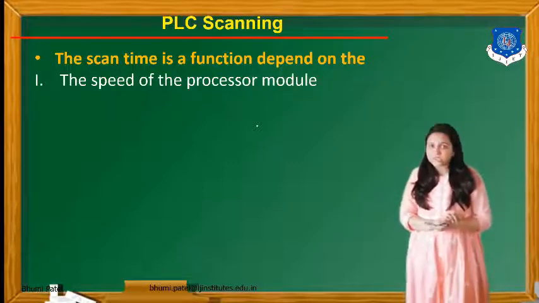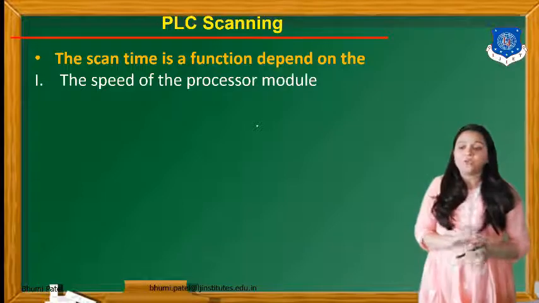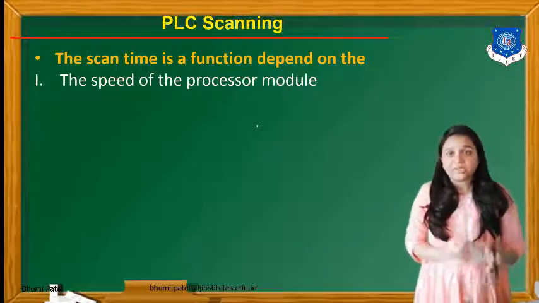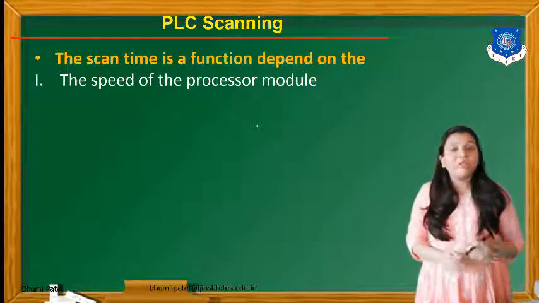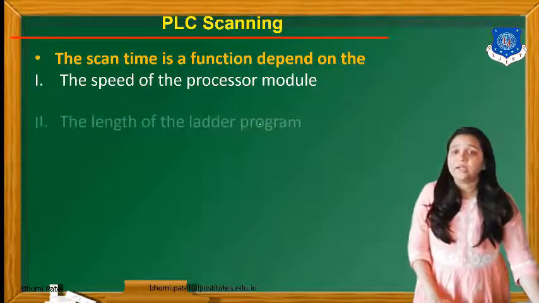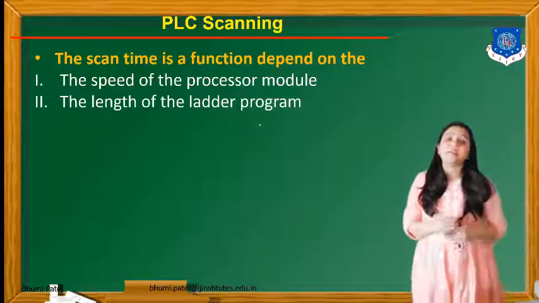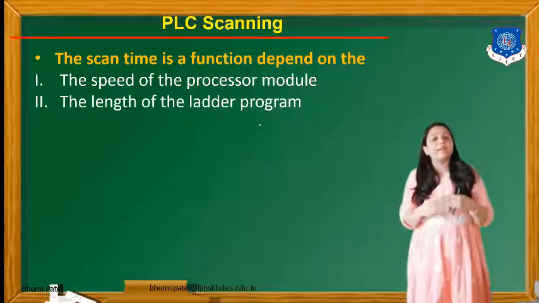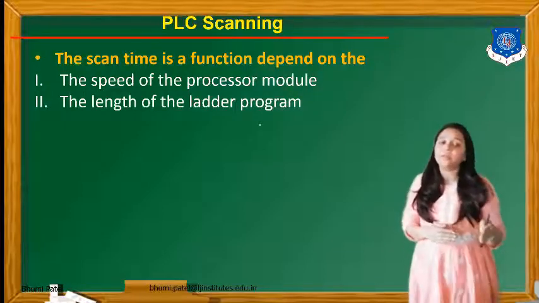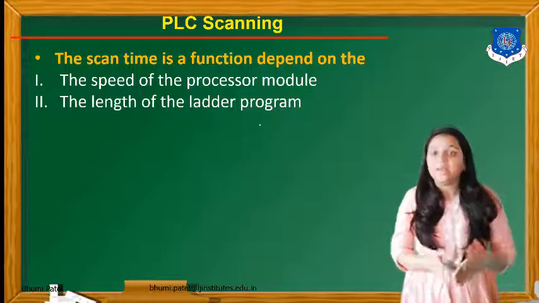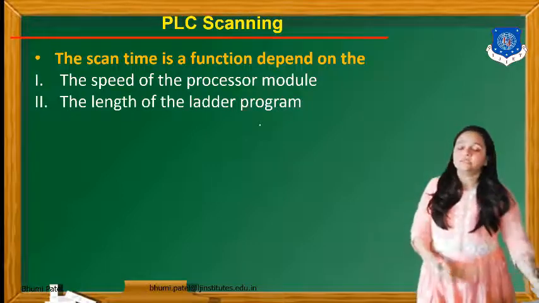Whichever type of processor we use in the particular system, its speed will decide the scan time. The next thing is the length of the ladder diagram. If we have a 10-line ladder diagram and another program has 20 lines, the length will also affect the scan time.